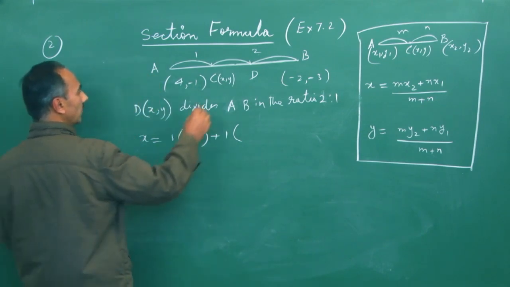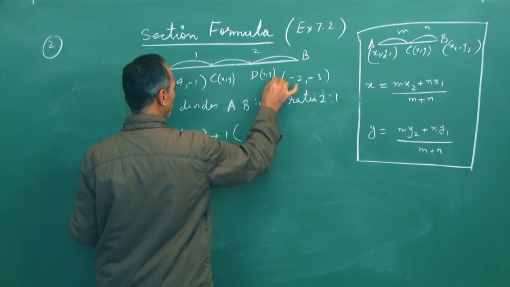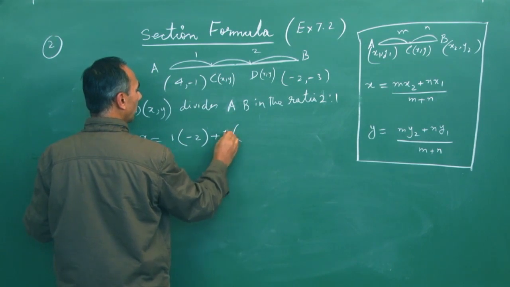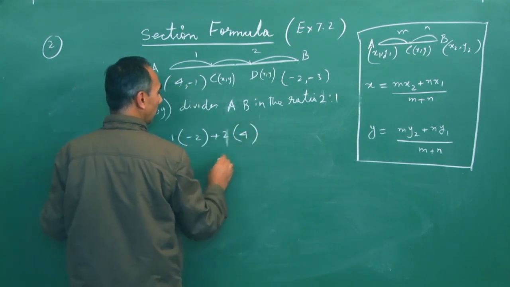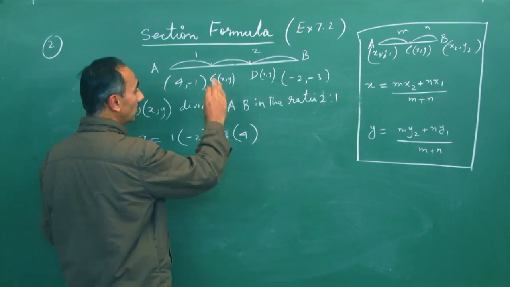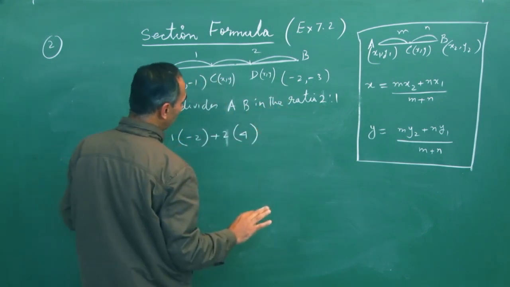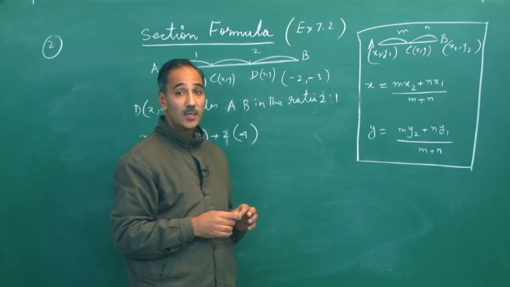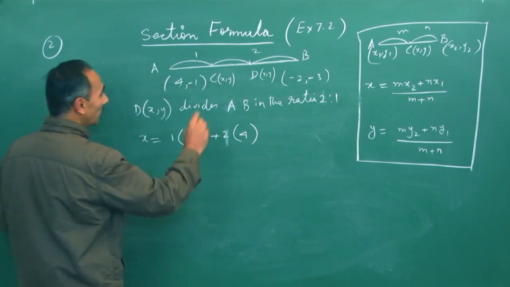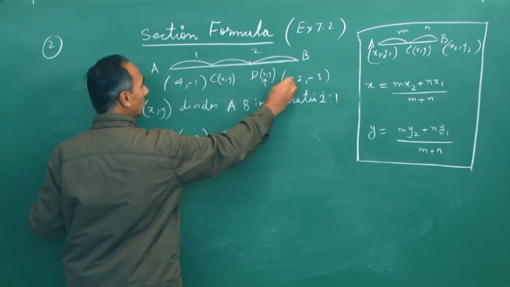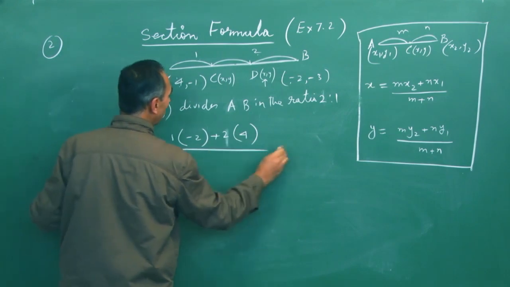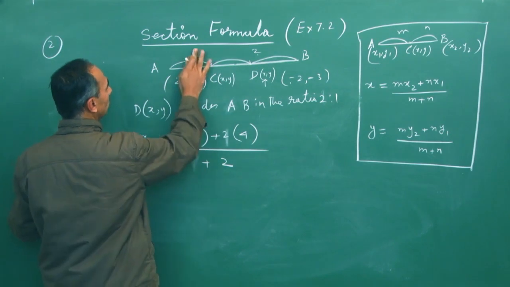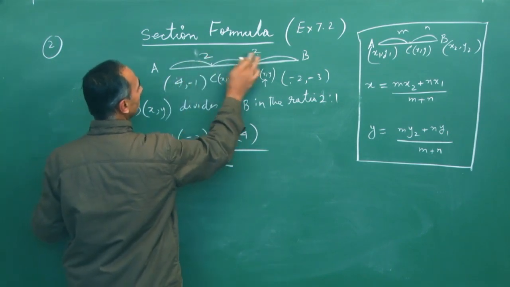Now, coordinates of D are, this is your x, this is your y, m into x2 plus n into x1. I'm still relying on A and B. I thought I would take D as the midpoint, but we have not recorded the coordinates of C. Okay, we'll do it this way. This is the beauty of maths. You could do a question in more than one way. Now, x is m x2 plus n x1 divided by m plus n. M is your 2. This is your 1.